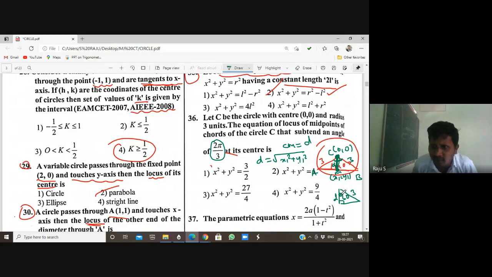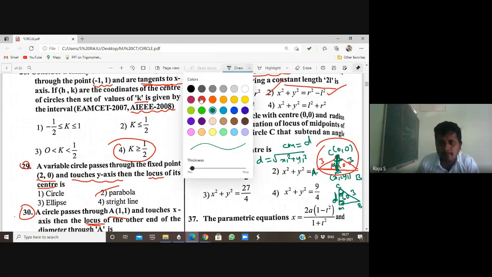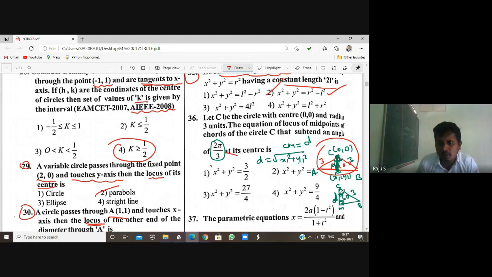What is the trigonometric function we can use to find d? This is a right angle triangle, right angle at this point M. This is the center, this is some other point B. Cos 60 is equal to adjacent by hypotenuse.